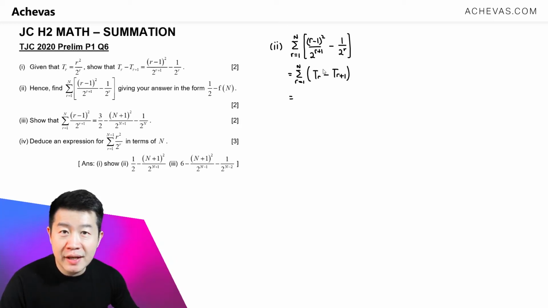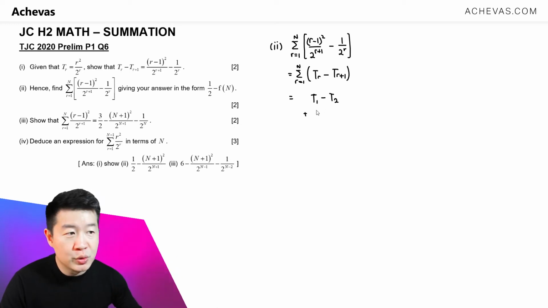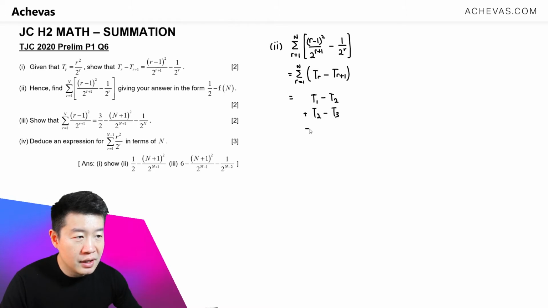And expanding this and adopting the method of difference presentation, it is going to be T1 minus, if I were to let R be equal to 1, T2. If I were to let R be equal to 2, then it will be T2 minus T3. Letting R be equal to 3, it is going to be T3 minus T4.